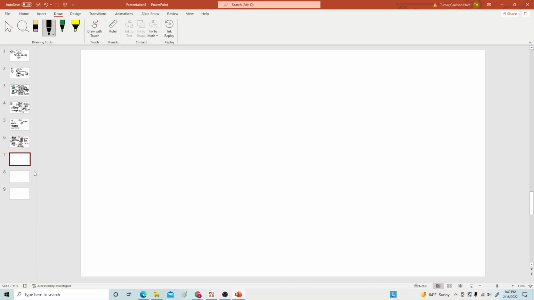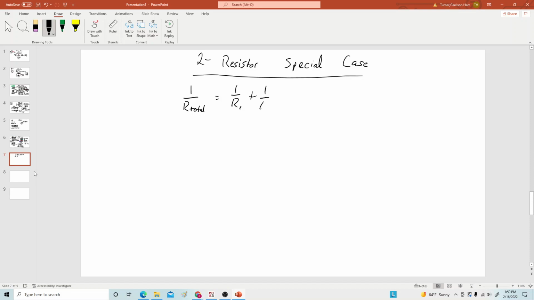Now, in the two resistor special case, we have 1 over R total is equal to 1 over R1 plus 1 over R2. And so this is the total equivalent resistance that your battery sees when you have two resistors in this configuration.